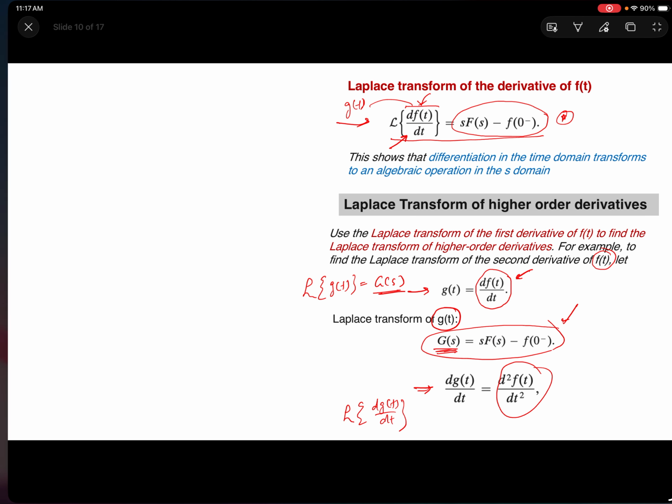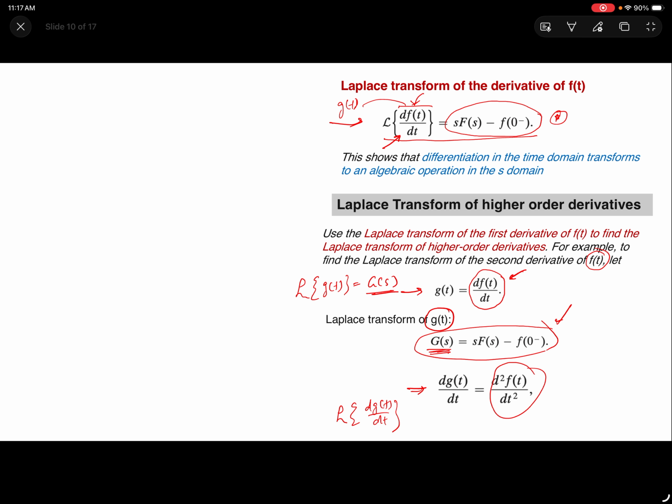Interestingly, I can easily do that by using this equation, s g of s minus g of 0 negative. Nice, so I already have a solution for that. I don't need to do the whole thing again. But what I'm going to do is replace this g of s over here to find the final equation.